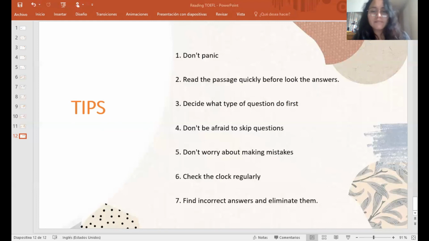If there are many questions but little time left, you will have to move more quickly. And again, don't worry about mistakes. And finally, don't try to find the correct answer. Try to find incorrect answers and eliminate them. This is a good strategy to complete each passage and each question more quickly.